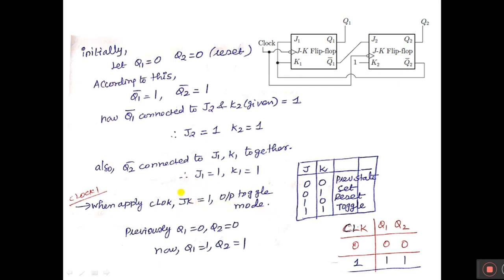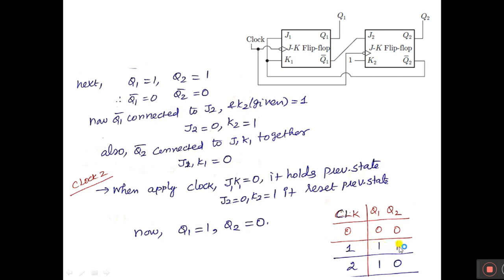So J equals K equals 1 in both locations, and the output toggles. Initially the state is 0 0, and after toggling, Q1 Q2 become 1 1. So after the first clock pulse, I am getting 1 1 as the answer. First sequence after 0 0 is 1 1. Next.